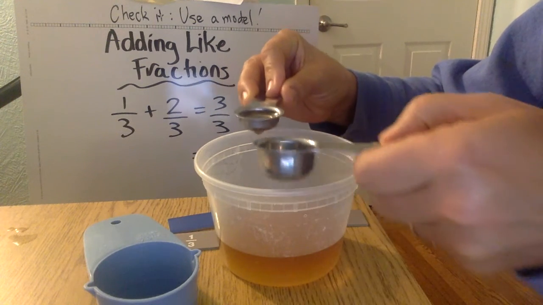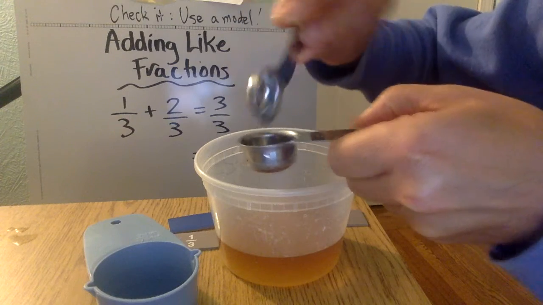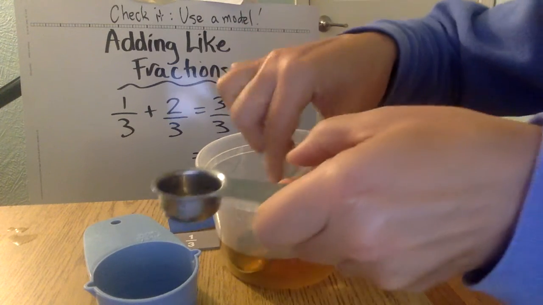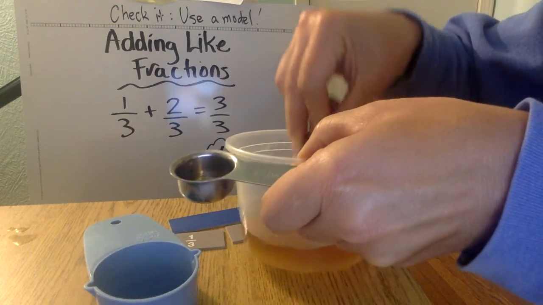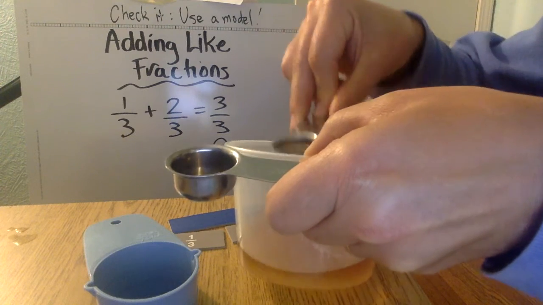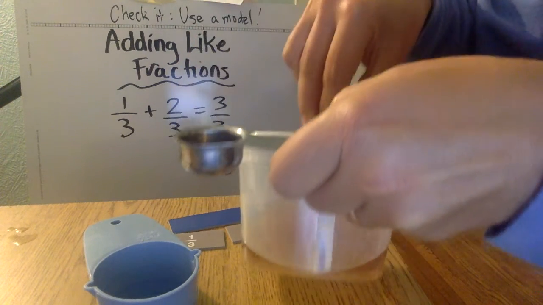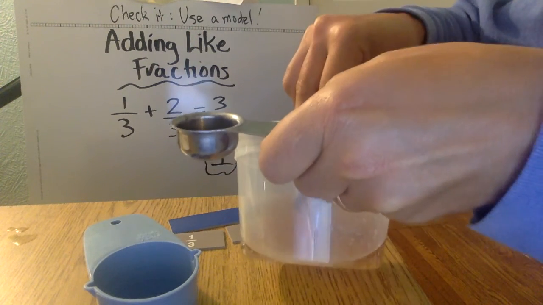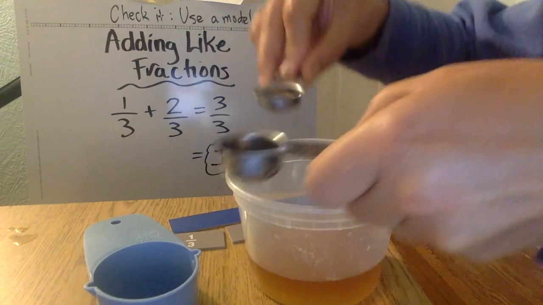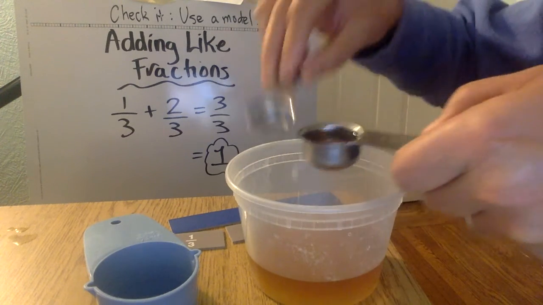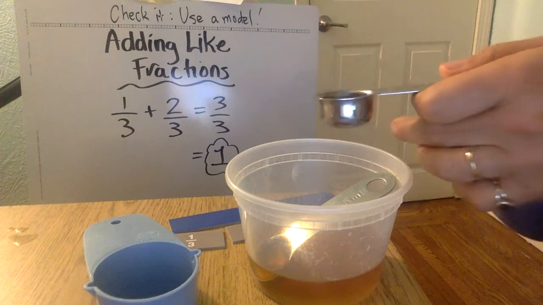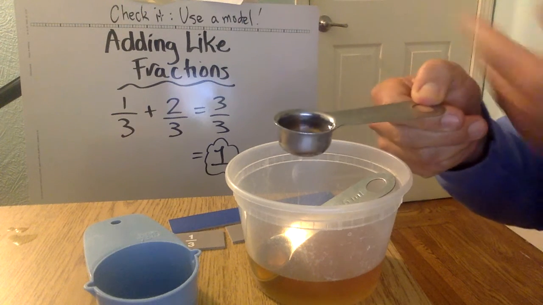I got 1/3. I'm pouring it into my thing there. And then I need to add 2 more thirds. So here's 1 more. And then here's 1 more. And if you play with this stuff, it gives you a conceptual understanding, which is really great because then you understand why we do this algorithm.